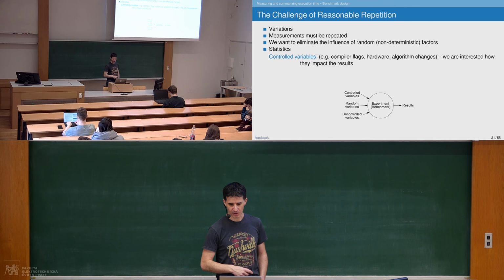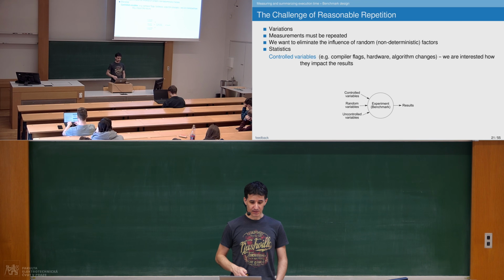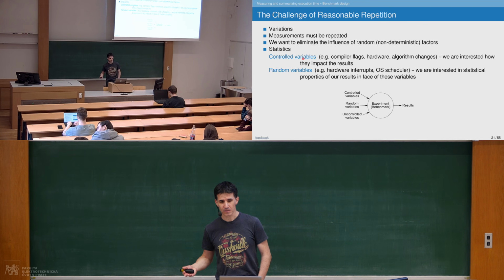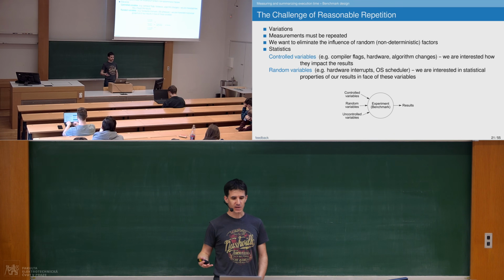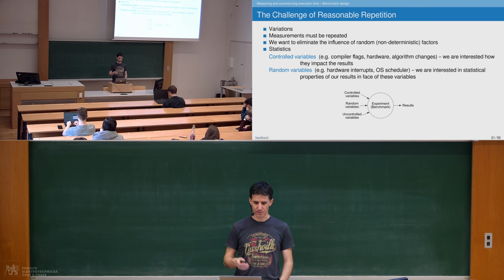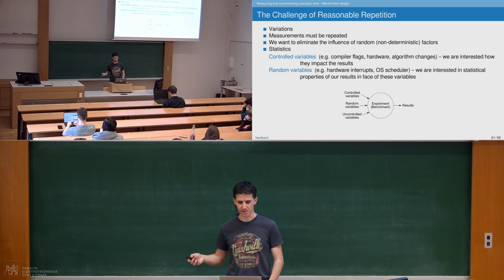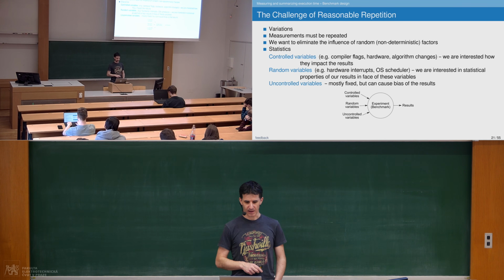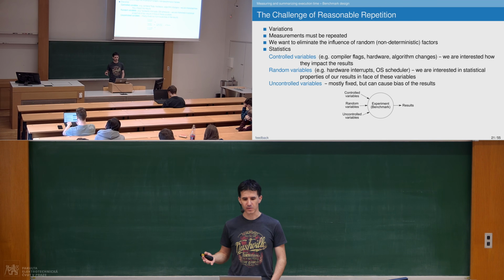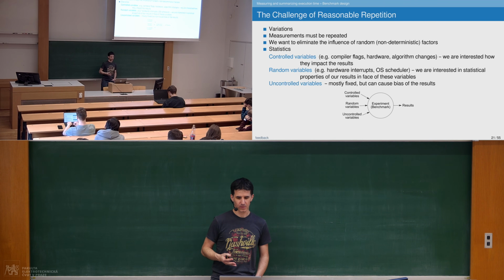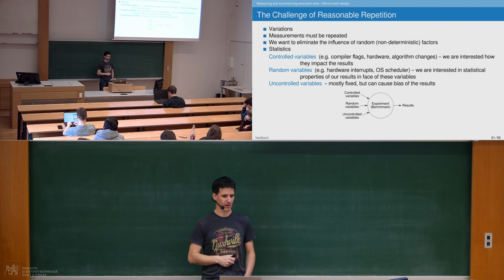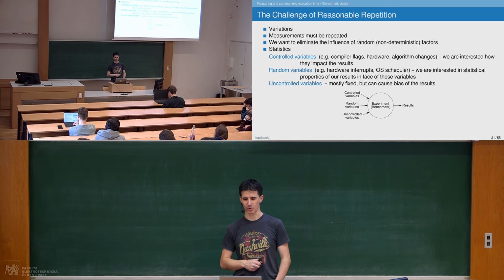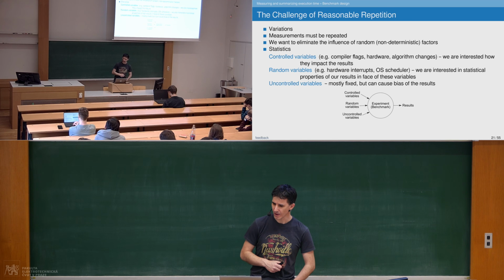So we use the statistics, and we want to control things which we can control, and we have to deal with things which we can't control, which are some random variables like hardware interrupts, the effects of the operating system scheduler, and so on. And then there are some uncontrolled variables which can make our results not correct.